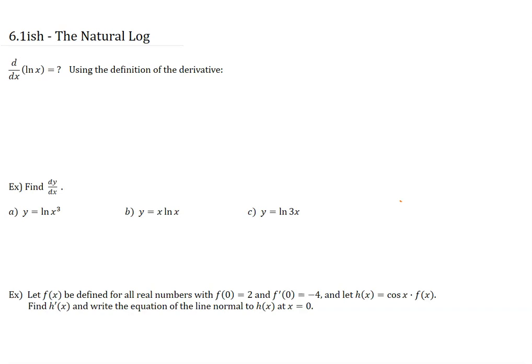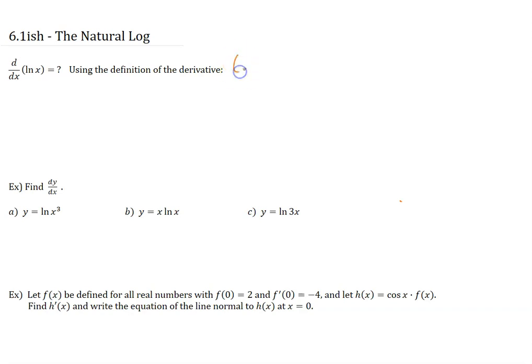For 6.1 here, we're not going to do too much other than just the natural log, which is log base e, but we are going to have to use more log properties than you might remember. Okay, so using the definition, which is the limit as h approaches 0 of f of x plus h minus f of x all over h, we're going to start with this.